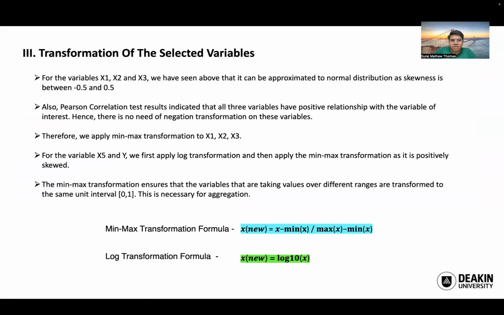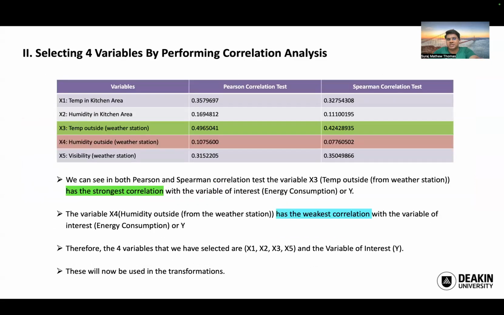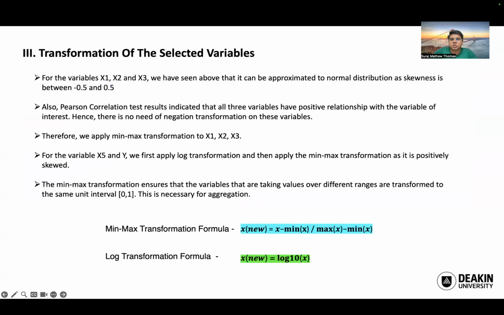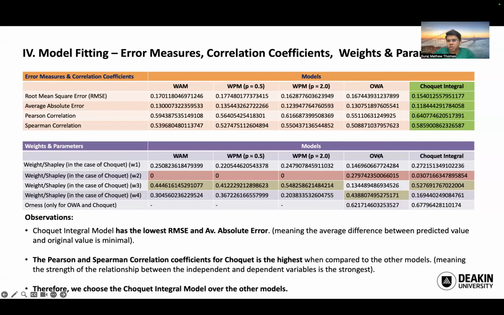I think it is the temperature outside the weather station. The lowest importance is W2, which is X2, humidity in the kitchen area, because the weights are minimal. Except for OWA and the Choquet integral, it is minimal among them.